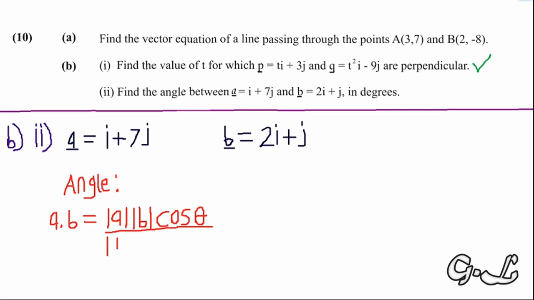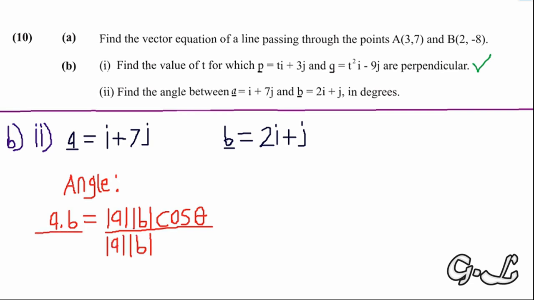In such a case, they are interested in theta. So we're not simply going to make theta the subject at this stage, but we are going to make cos theta the subject. We're going to make theta the subject later, but right now we're going to make cos theta the subject.